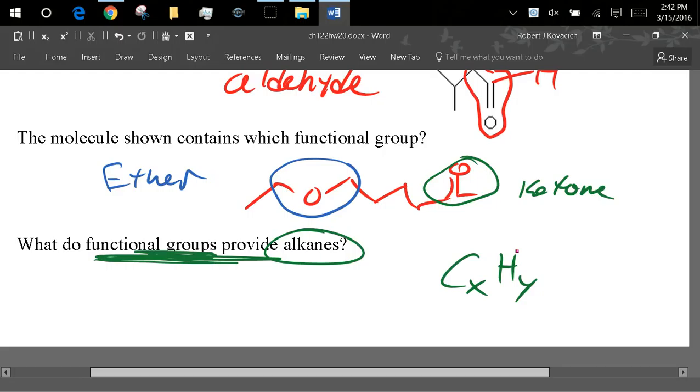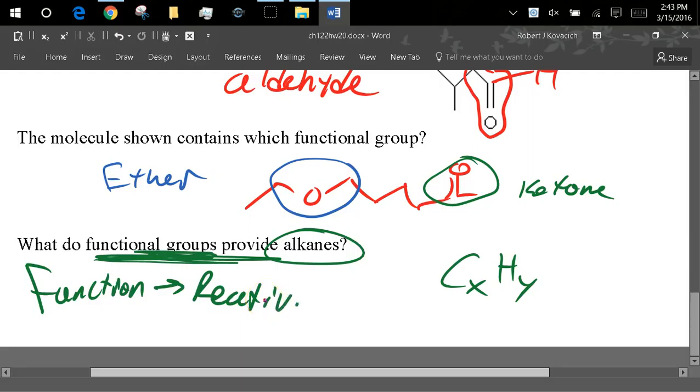So what do the functional groups do to alkanes? Give them function. Okay. Make them chemically reactive. They increase their reactivity.